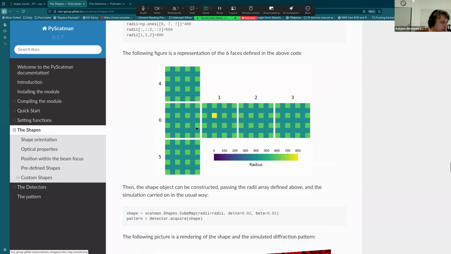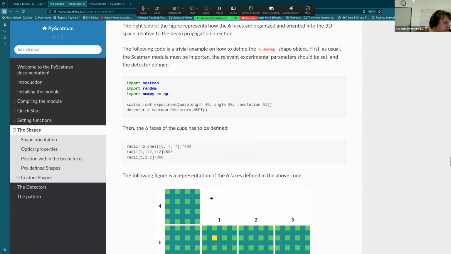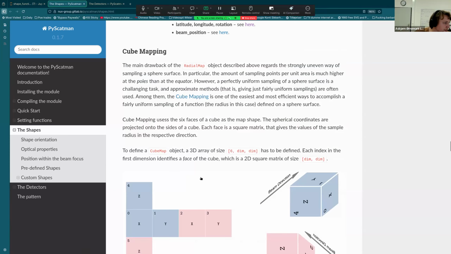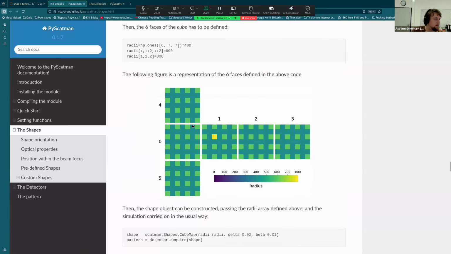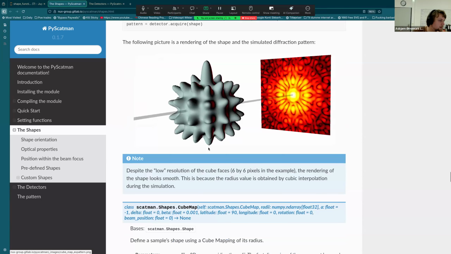This is something you could model with this cube map. You give it 6 faces of your die, and then this becomes the radius at each point along the shape.